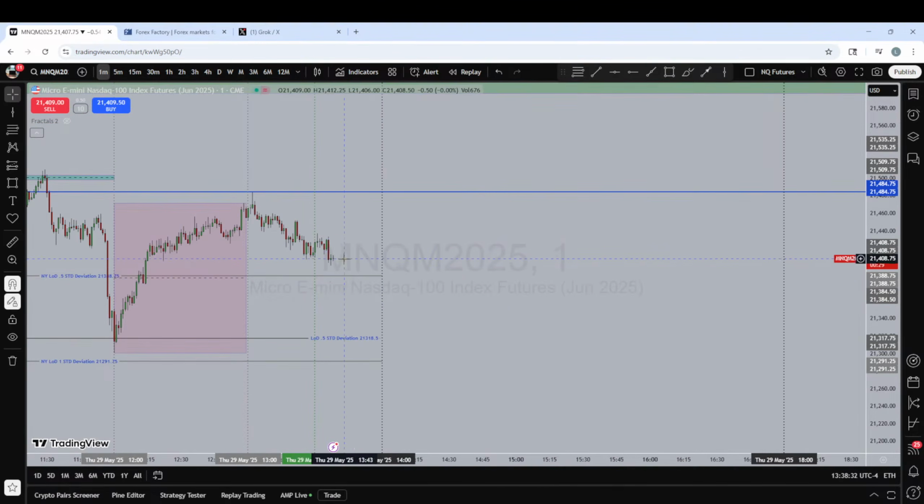That seems to be the first percentage fair value gap for the lunch hour. 28.3 for the afternoon session.